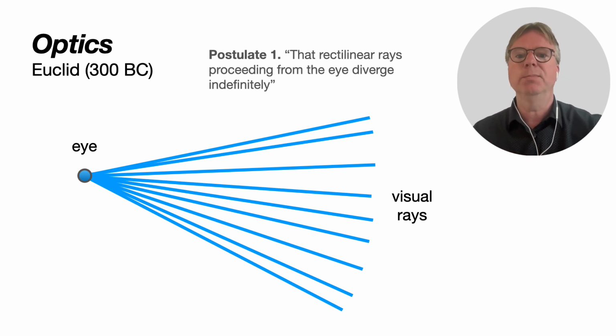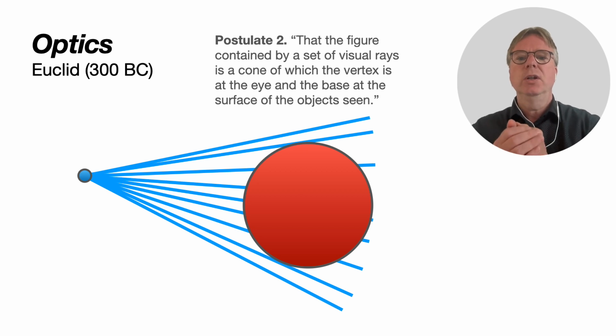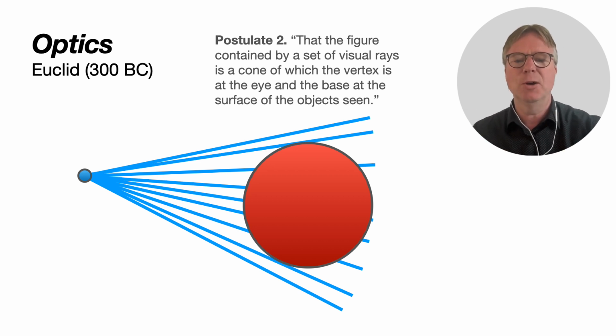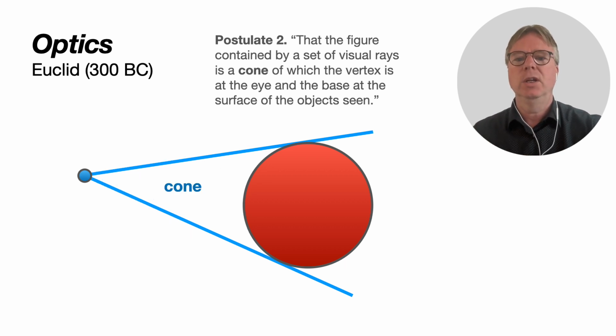Let's go to the second postulate. He says, the figure contained by a set of visual rays, all the blue lines here, is a cone of which the vertex is at the eye on the left and the base at the surface of the object seen. That's the red sphere on the right. Let's look at that in detail. So the cone is the blue lines. We don't need all those lines, we just need 2.